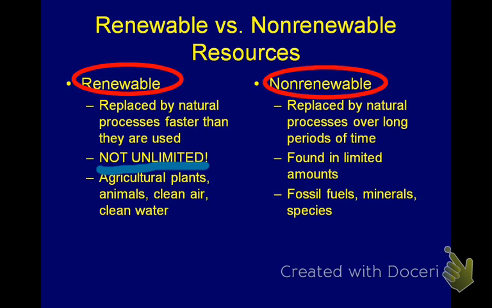Non-renewable resources can't be replaced in a short period of time. It takes a long time for them to be replaced. These are also found in limited amounts. The big ones are fossil fuels like oil, coal, minerals, and especially species. When they're gone, they're gone.